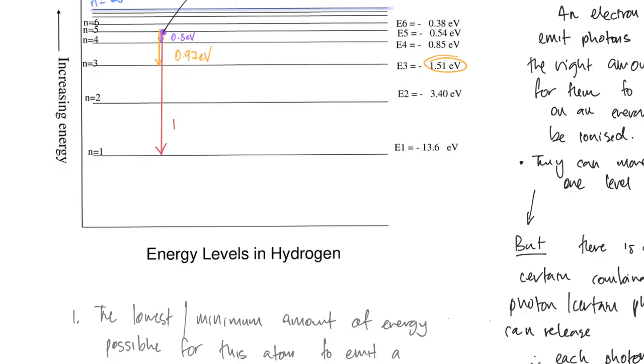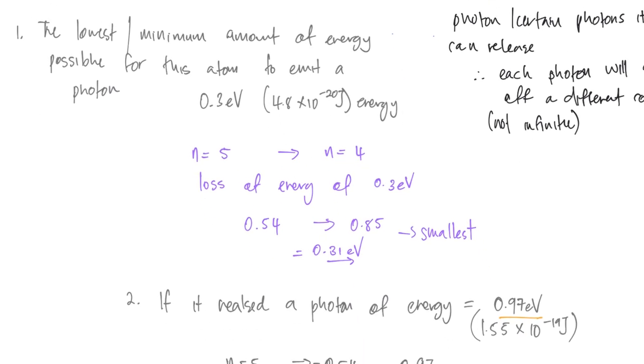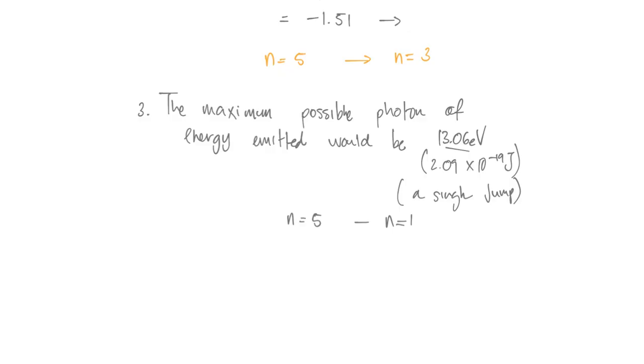And you've released 13.06 electron volts. So here I can say negative 0.54 minus 13.06 electron volts, and that will give me negative 13.6 electron volts, which leaves me at n is equal to 1.